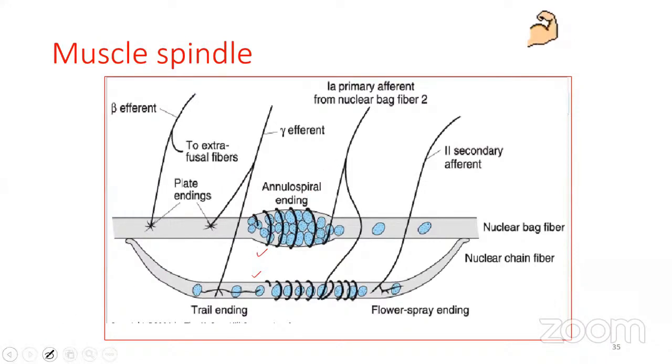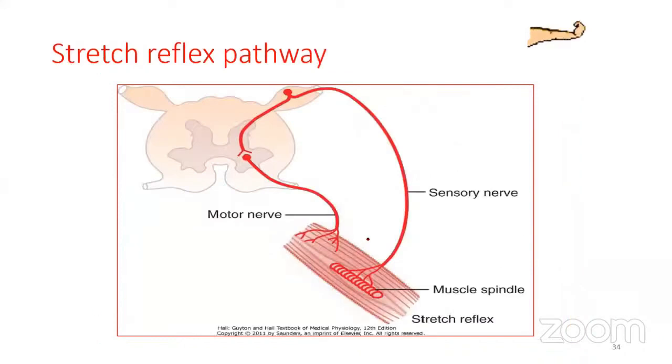And this is the stretch reflex. When we stretch the muscle or strike the tendon with the knee hammer, what will happen here? The muscle spindle senses this, and the sensation is carried to the spinal cord through sensory nerves. Here is the spinal cord, here is the dorsal horn, and here is the motor neuron supply.